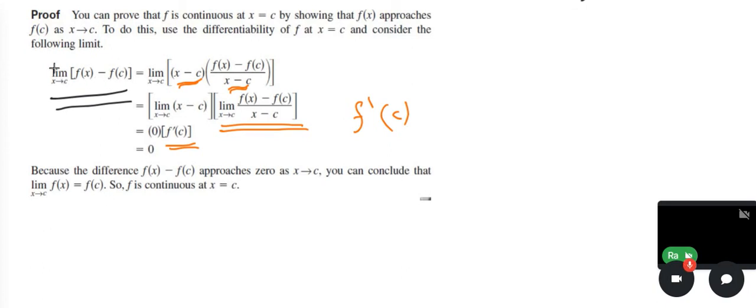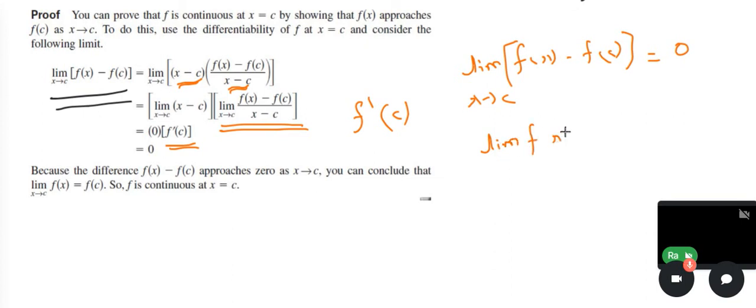So finally we are getting the limit of f(x) minus f(c) as x approaches c, and this is going to be 0. Which means I can split this into two limits: the limit of f(x) as x approaches c minus the limit of f(c) as x approaches c, and this is equal to 0.